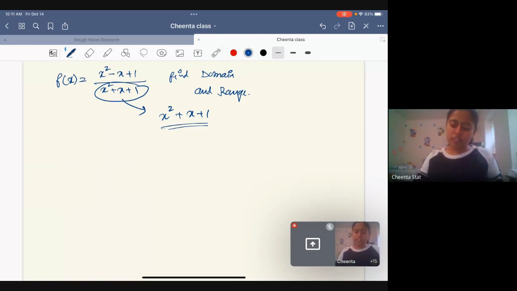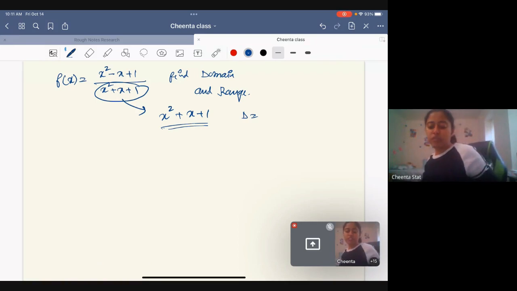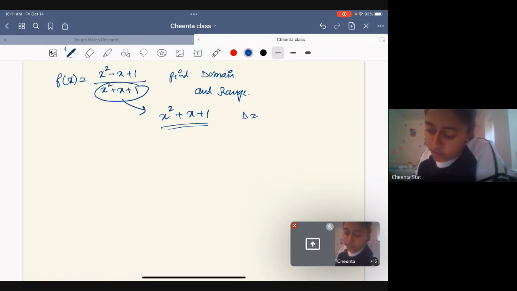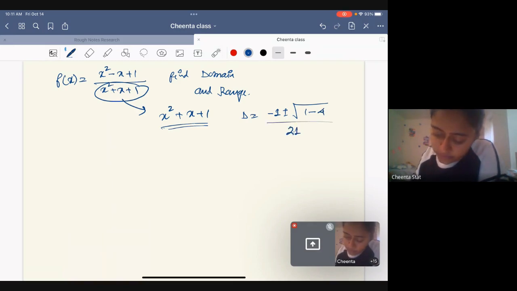You can't write it because you know the discriminant. Use your knowledge from solving quadratic equations, Sridharacharya's formula, minus b plus minus root of b square minus 4ac by 2a. What is b? It is 1.